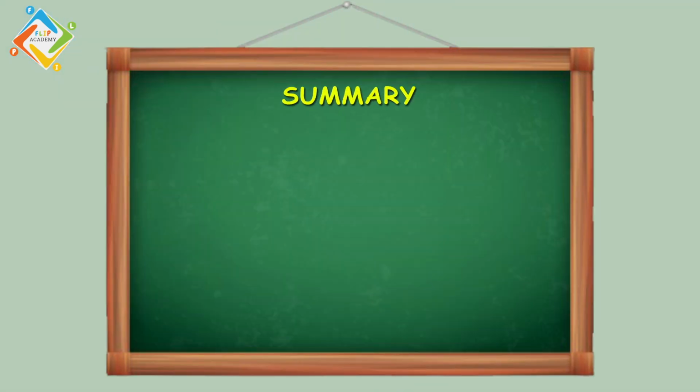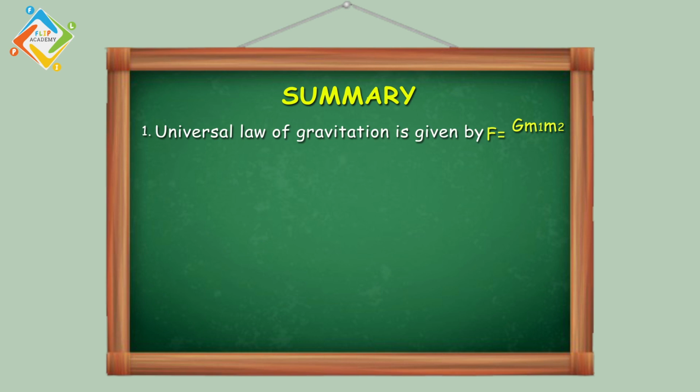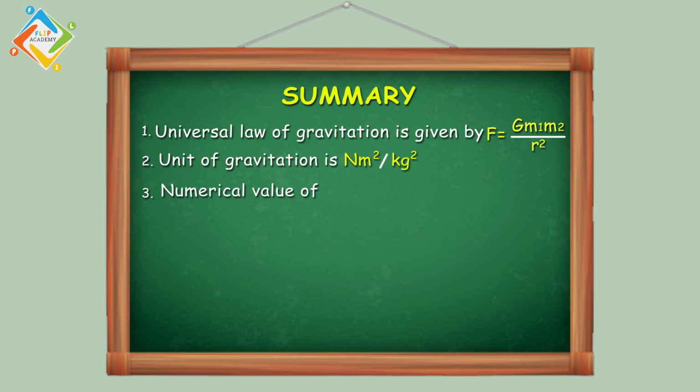Now let's summarize what we have studied till now. The first is that the universal law of gravitation is given by F equals G m1 into m2 upon r square. The second is that the unit of the gravitation constant is Newton meter square per kg square. The third is that the numerical value of the gravitation constant is 6.6 into 10 raised to the power minus 11 Newton meter square per kg square.